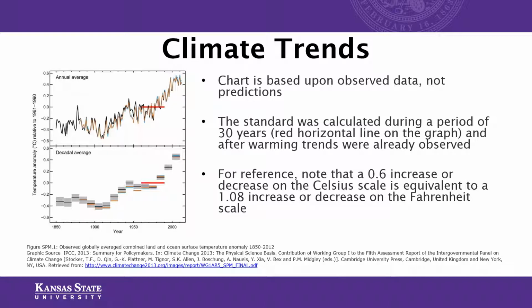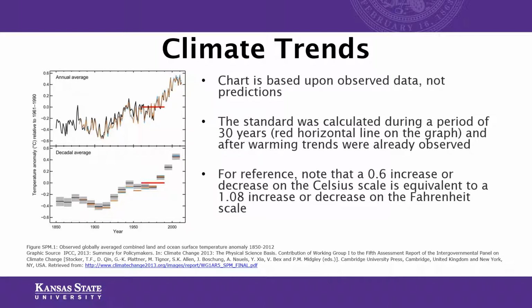And what it's showing you is globally averaged combined land and ocean surface temperatures from 1850 to 2012 from 3 different data sets.